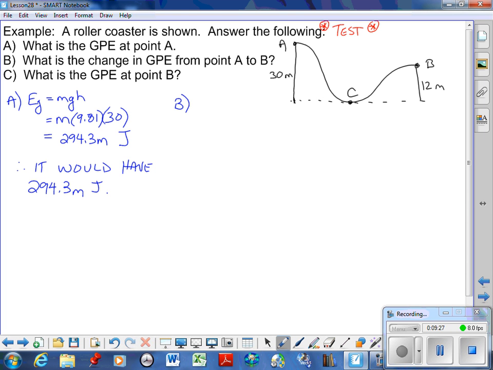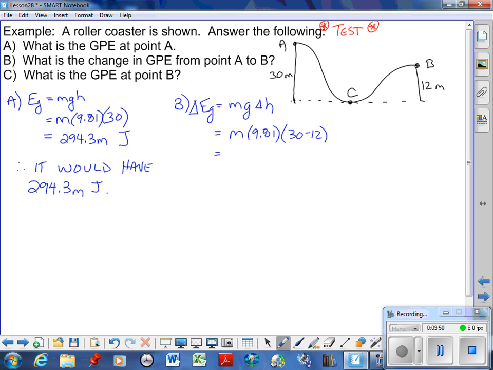They say there's no number, I'm not doing it. What's the change in GPE from point A to point B? Well, Eg would equal, now we're doing delta, mg delta h. So I'm using the formula from part 2 of the previous question. M's unknown, I know, it's okay. You'll survive. 9.81 delta h, 30 take away 12.